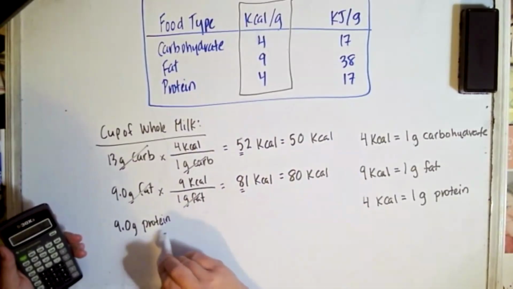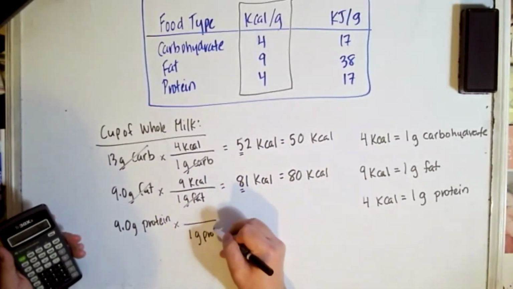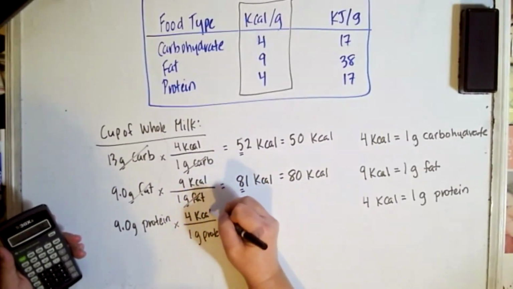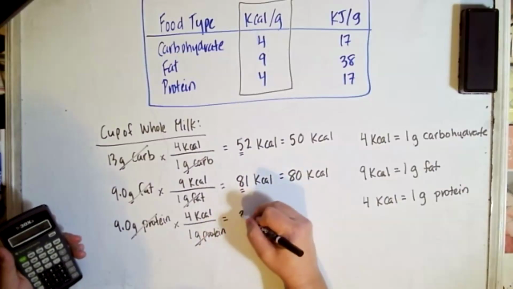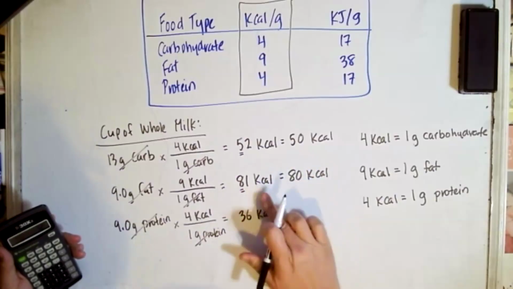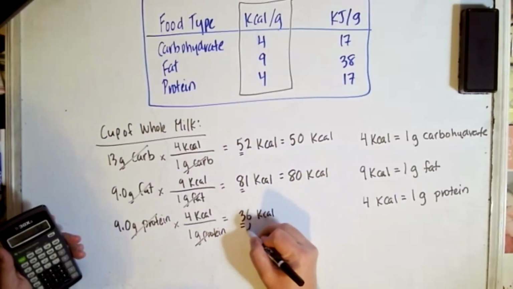And then we have 9 grams of protein. Every 1 gram of protein has 4 kilocalories. So that's going to be 36 kilocalories. And we're going to round it to the tens place again.